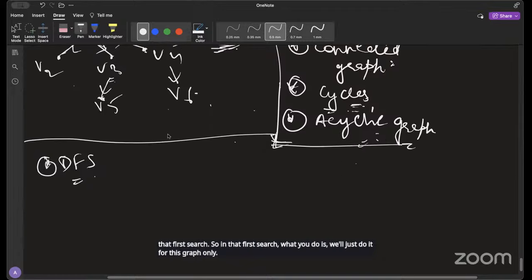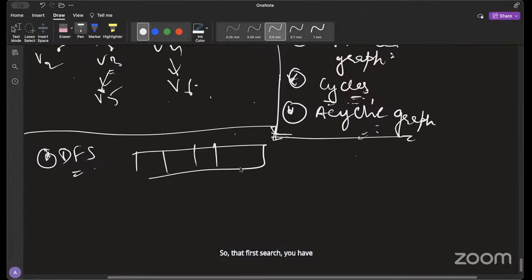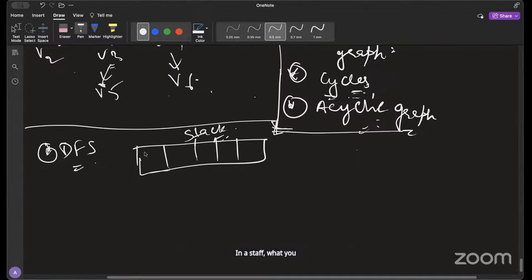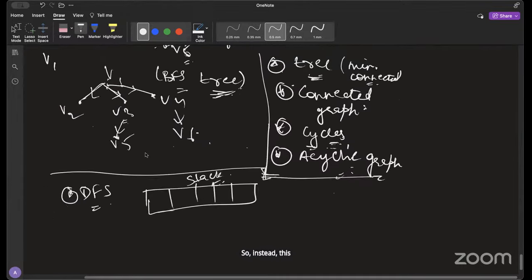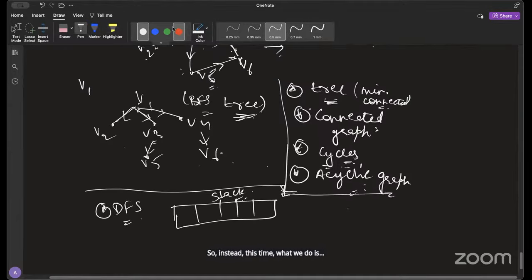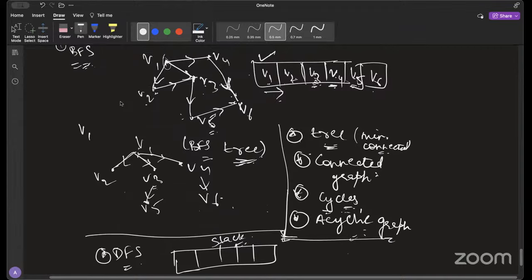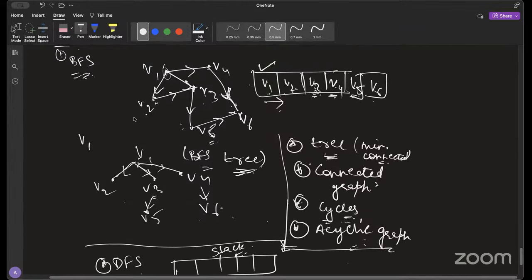You have a structure that looks similar to Q, but it's called stack here. Let's just say you're starting your search from V1. So you write the V1 here first, and then you go to V2 next.